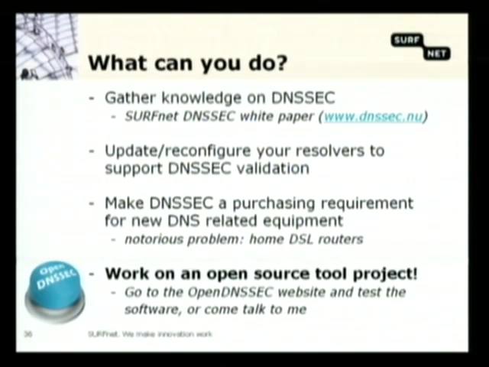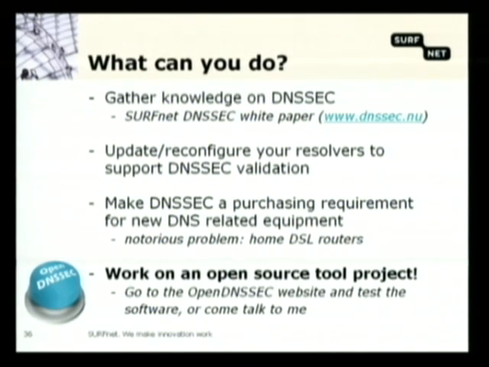Are more people signing? Do I get more validated answers? And if I start validating, does that break my DNS infrastructure? These are things that need to be deployed in real life to see if it keeps on working in a real life situation. And finally, you could make DNSSEC a purchasing requirement.